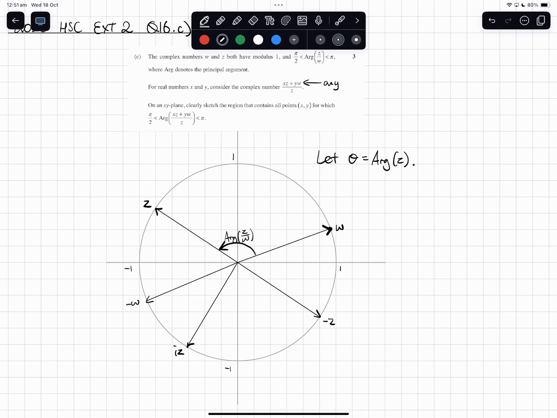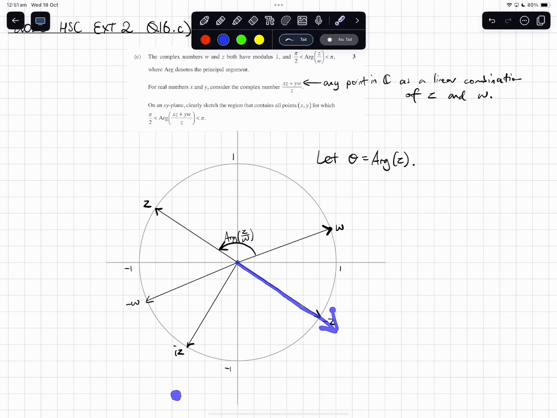This actually represents any point in C as a linear combination of z and w. So what does that mean? Let's take any arbitrary point, let's say down here. How do we get there using only z and w vectors? We can go this way back, this much parallel to z, and then this much parallel to w.